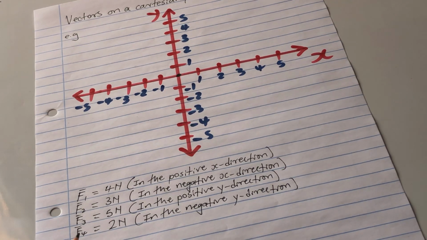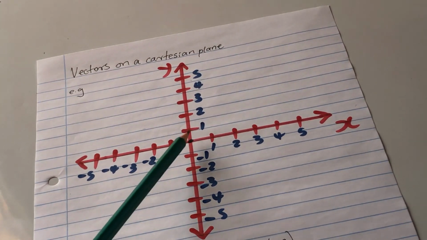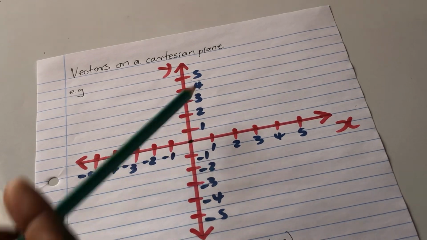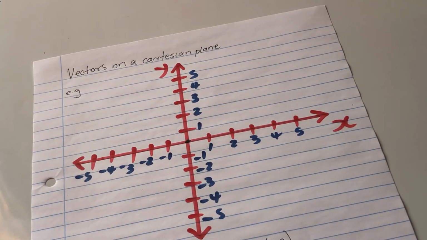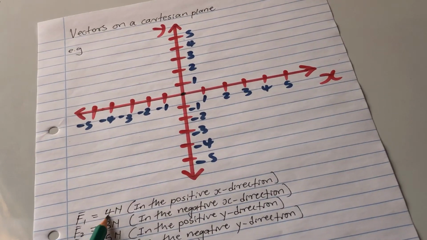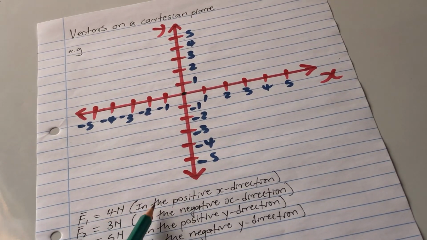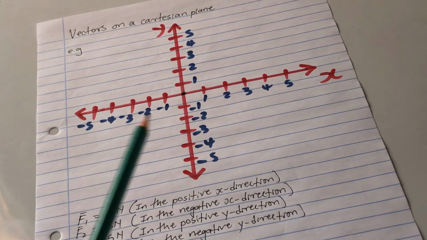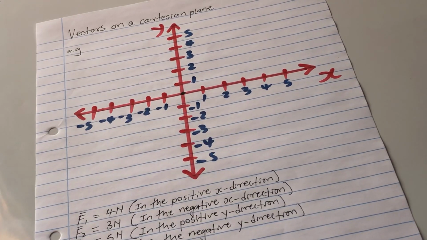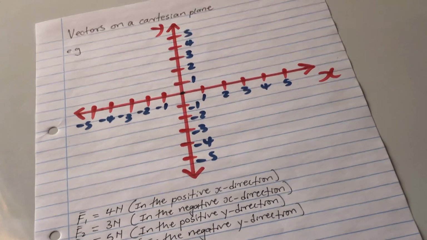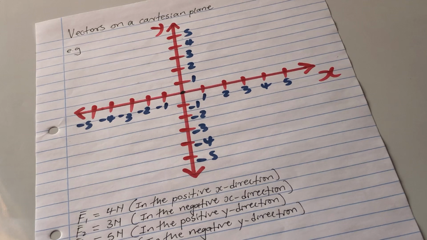So how do I put this F1 and the direction, positive x direction? You can draw this from the origin or anywhere, as long as the size is 4 Newton and it is pointing to the positive x direction. But in this example, I'm going to draw it from the origin. I'll draw all my vectors from the origin. Let me draw this one.